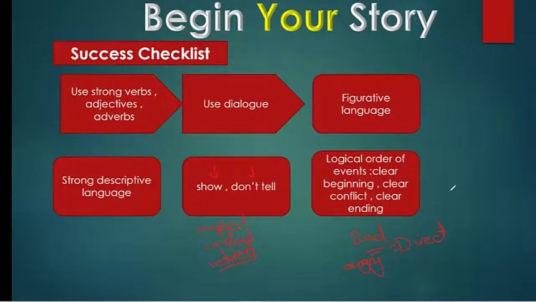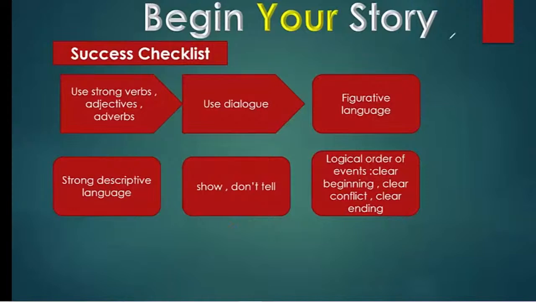Like to say his tears drifted through his cheeks. Now I just expressed his sadness by describing the action, but not telling it. By the way, we'll see some more examples about showing and not telling.